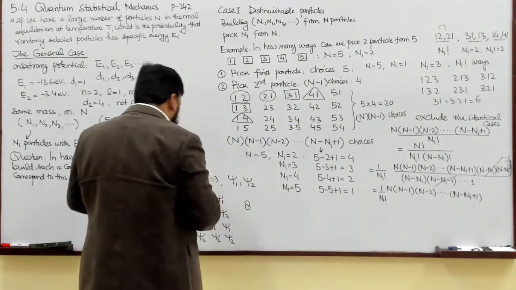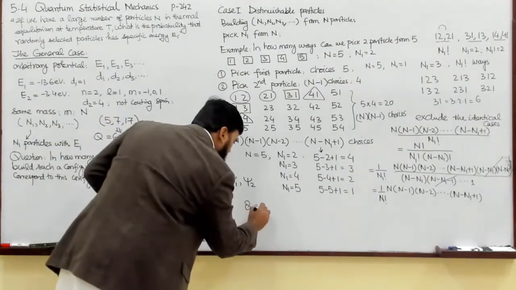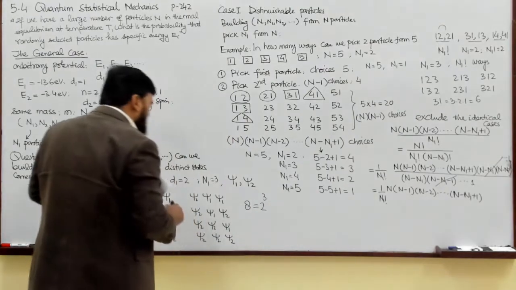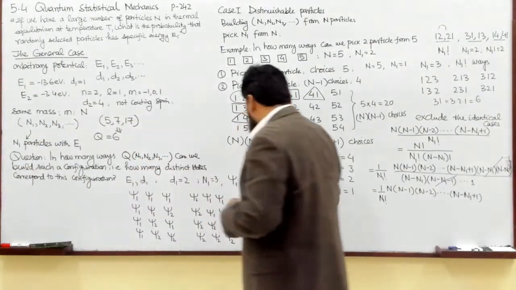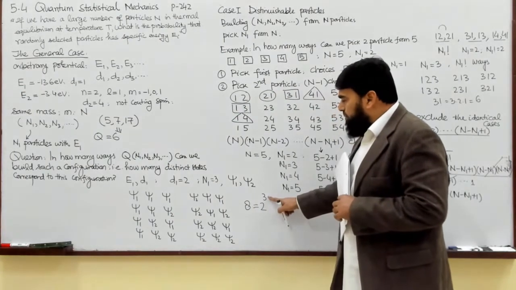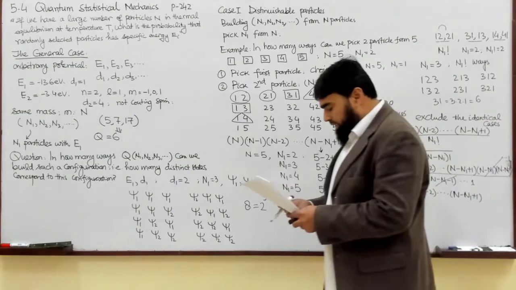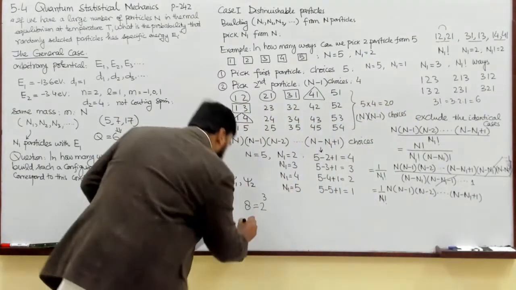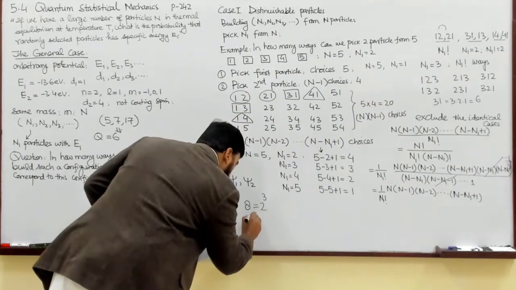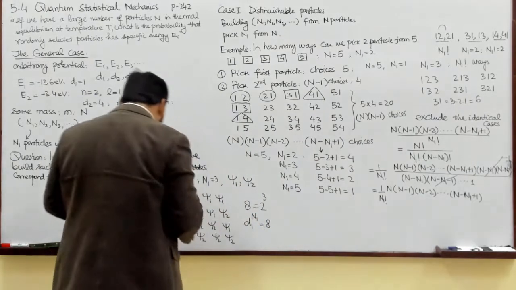And this I can write 2 to the power 3. So here 2 is the degeneracy, and this is the number of particles that I am putting. So generally I can write this thing, that this is d1 to the power n1, and this is equal to 8.